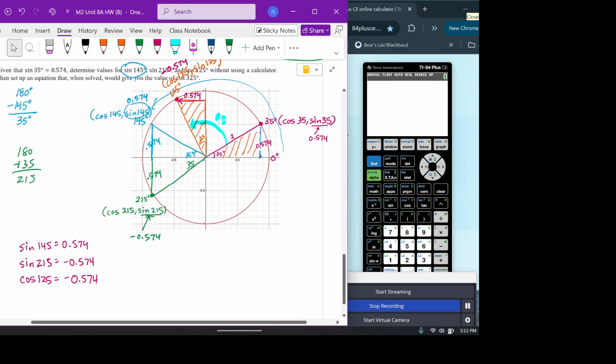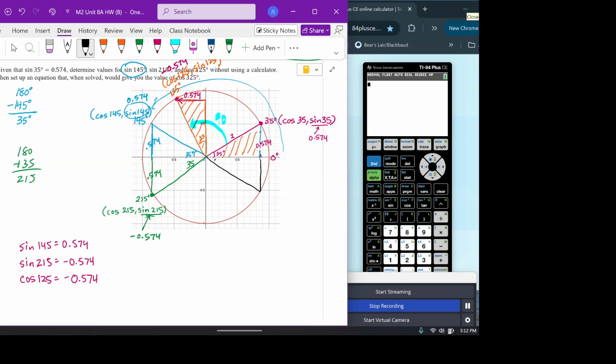And it says write an equation that when solved would give you the value of cosine 325. Cosine 325 is going to be down here. This will be 35 degrees because 360 minus 35 is 325. So here's the 325. This point will be cos 325, sine 325.